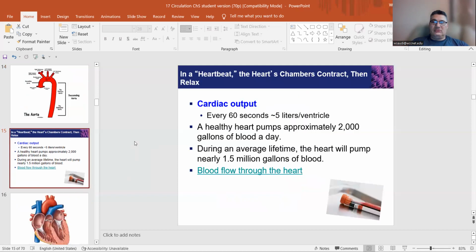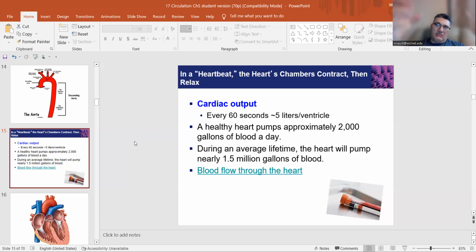Cardiac output is the amount of blood that is ejected out of the heart per minute. Just remember this term. Amount of blood pumped out of the heart per minute, meaning the heart is pumping out blood, collected.